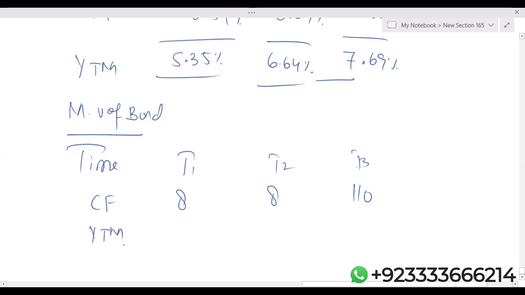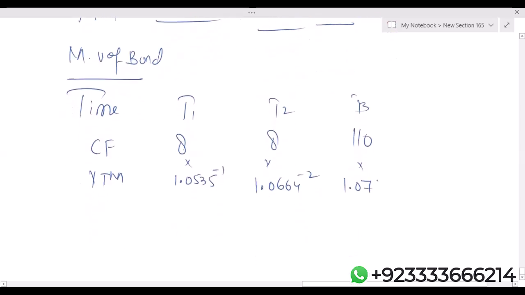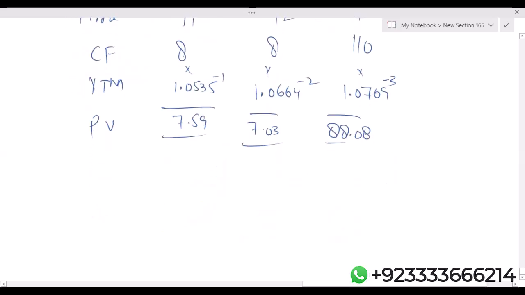YTM we have already calculated: 1.0535 minus 1, 1.0664 minus 2, 1.0769. Present values: 7.59, 7.03, 88.08. And the final market value is 102.7.